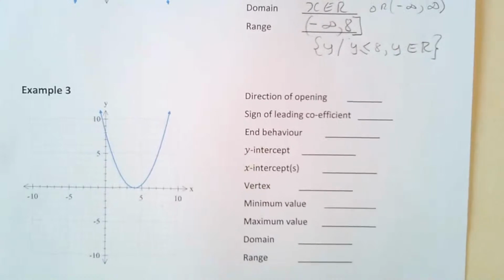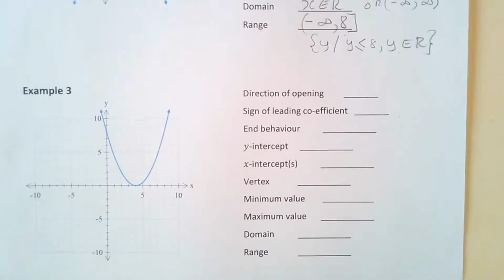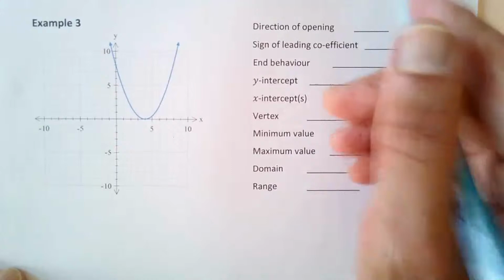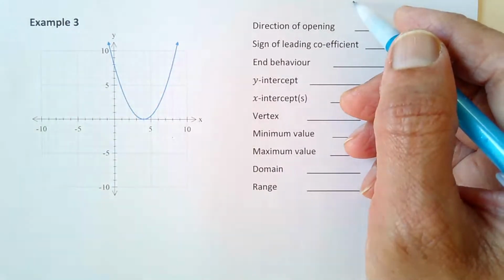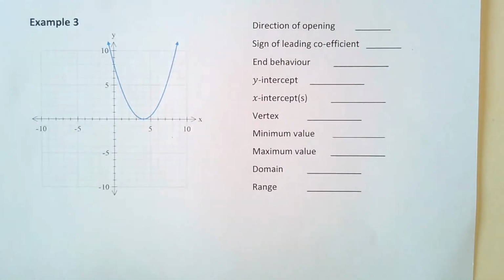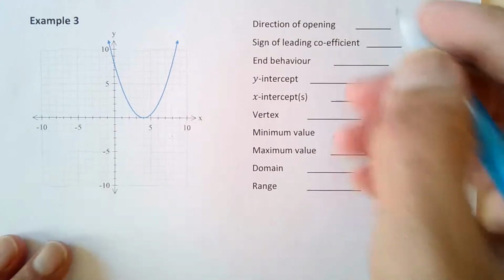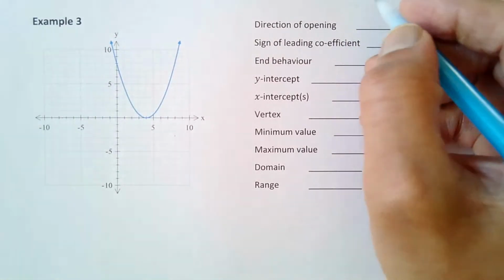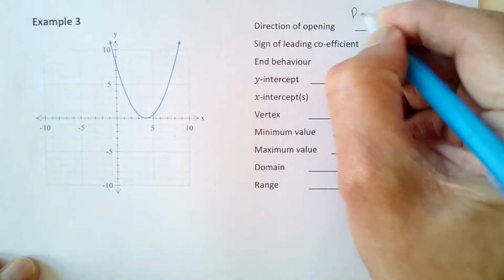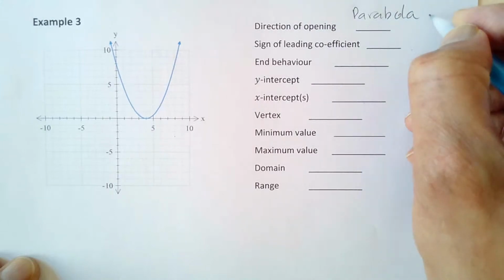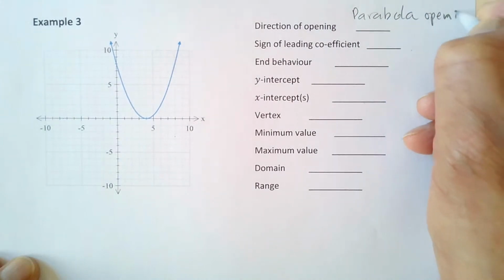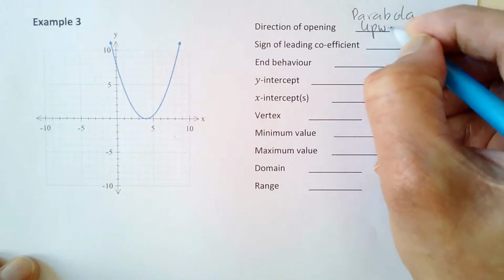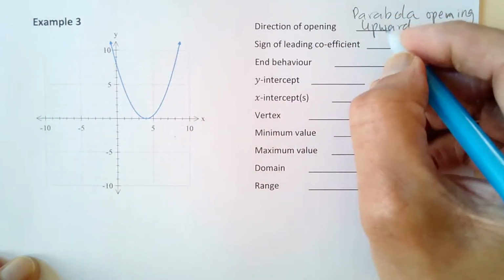The next one is identical to the example we just did on the previous page. Direction, it's opening upwards. The sign of the leading coefficient would be positive.